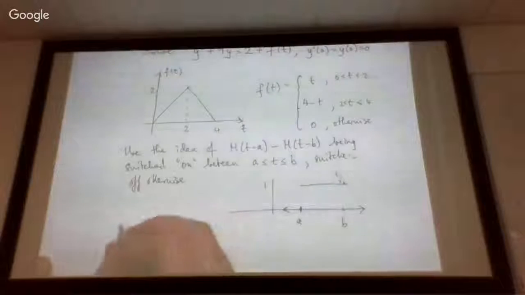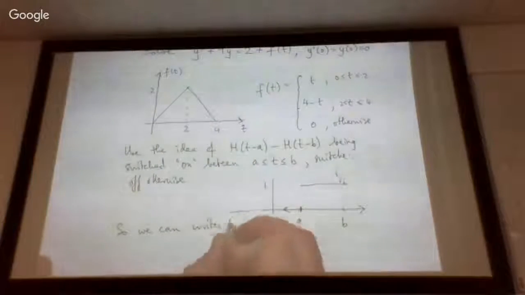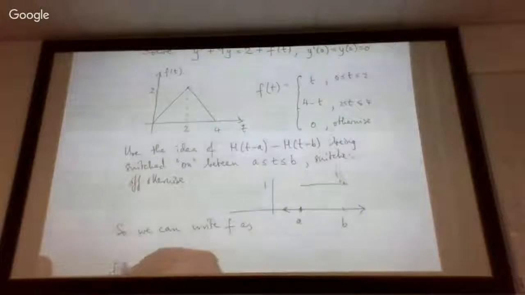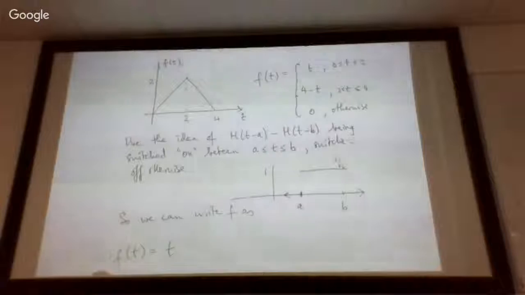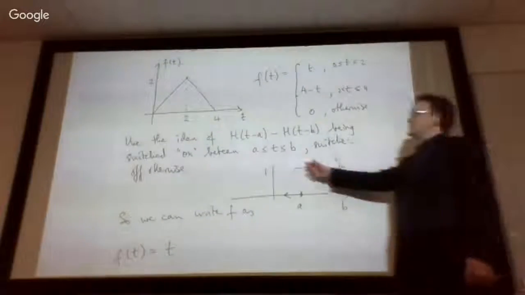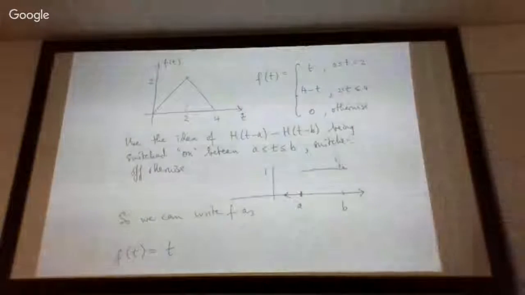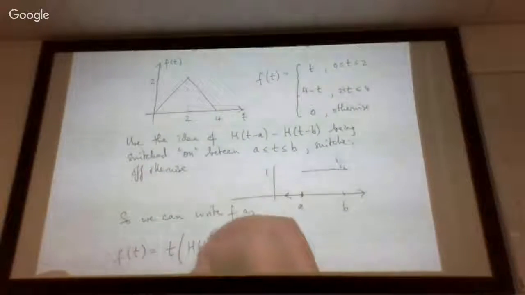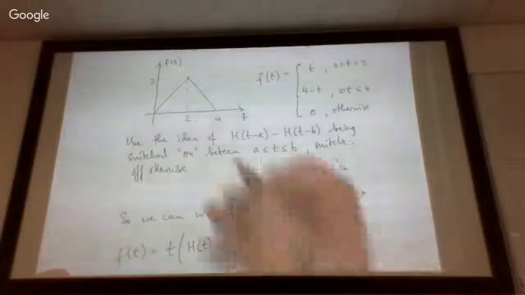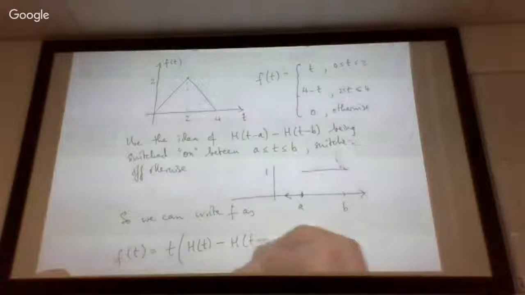So we can write f of t as t times the difference of Heavisides that represents something switched on between 0 and 2. So that is h of t minus 0, if you like, because we're switching it on at 0, minus h of t minus 2.